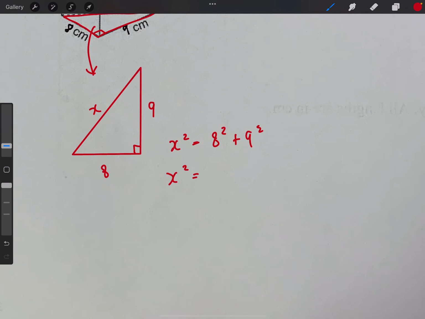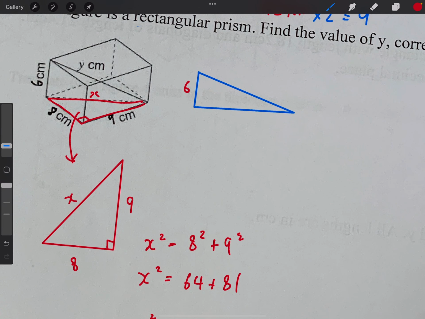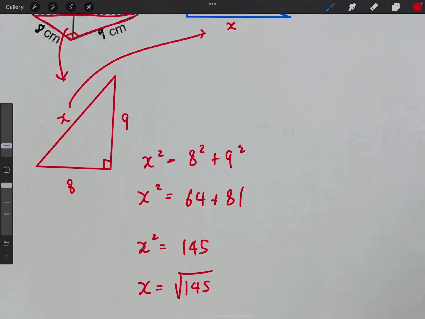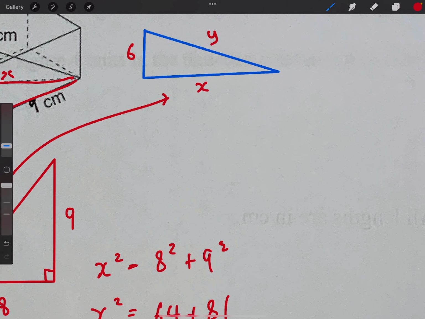X squared is equal to 64 plus 81, so x squared is equal to 145. Therefore x is equal to the square root of 145. Let's leave it like that for now. This is your x here, and this is your y. So x is equal to the square root of 145, so I'm just going to rewrite that.